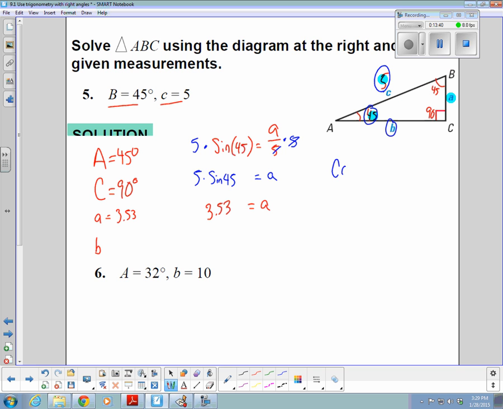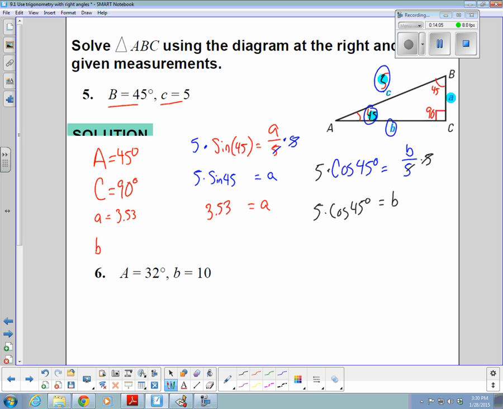So cosine of 45 degrees is equal to b divided by 5, because that's the CA in cosine. Multiply both sides by 5. These 5's cancel. b equals 5 times the cosine of 45 degrees.